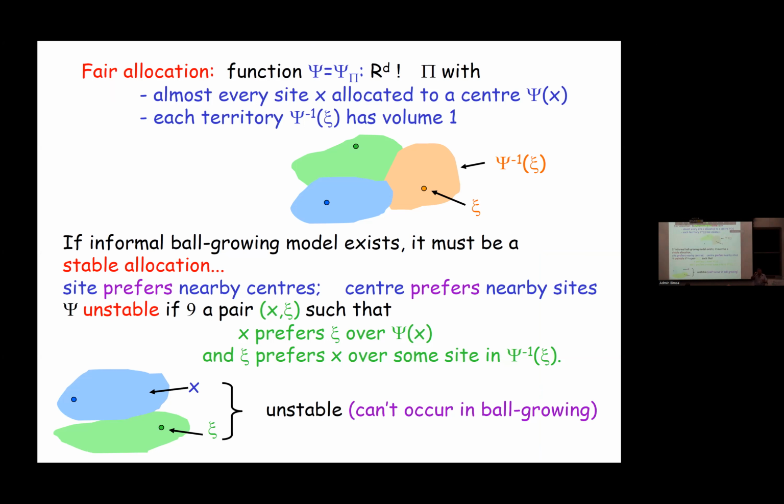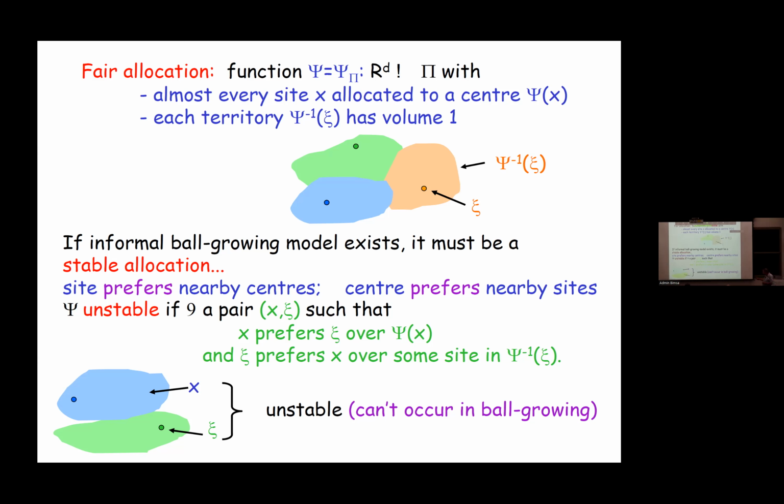That means if I look at a center and an ordinary point, and suppose this point is not in the territory of the center, we cannot have an instability. An instability would be a center and a point that's not allocated to it that prefer each other to their assigned areas. What does that mean here in the case of an allocation?